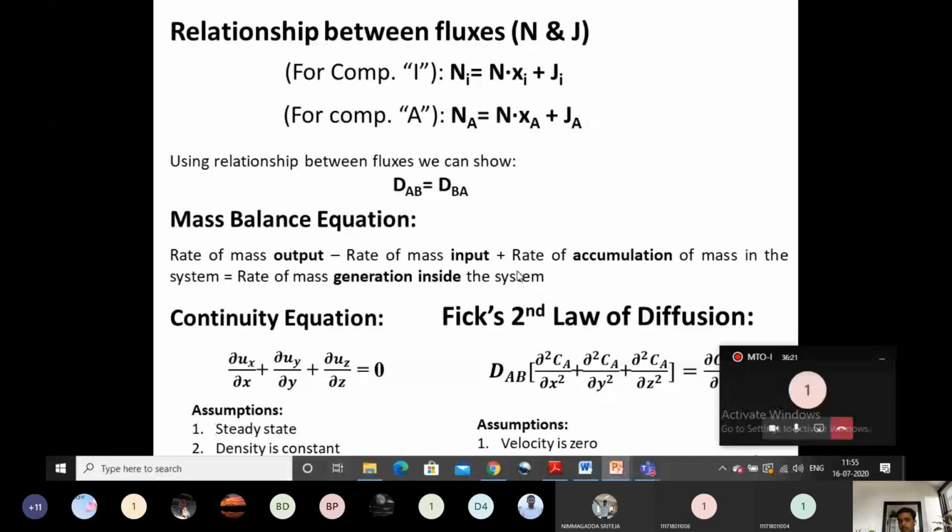Using the fluxes in terms of our terminology in mass transfer, and using velocity, volume and areas, we apply them in this equation, and finally we will get a continuity equation.